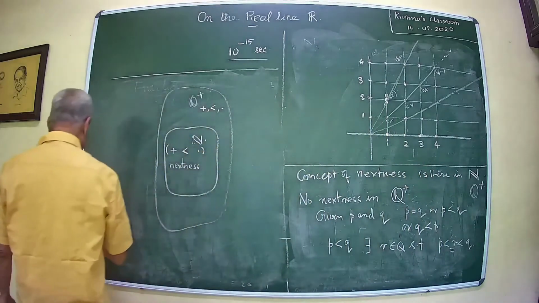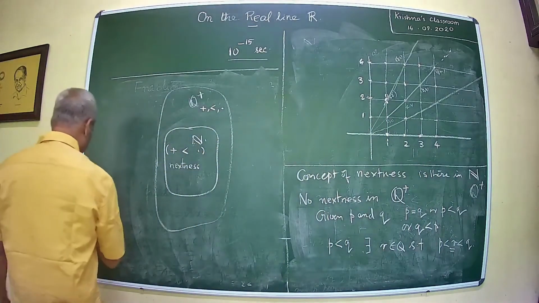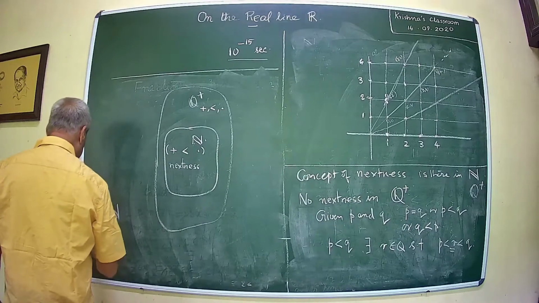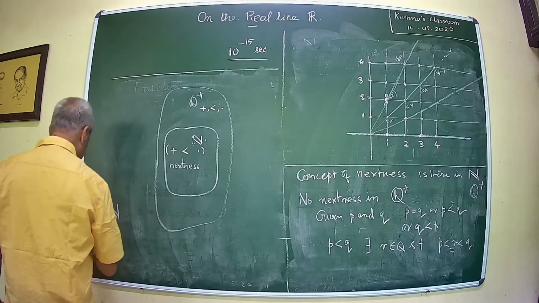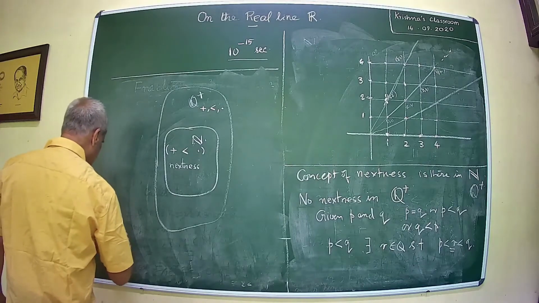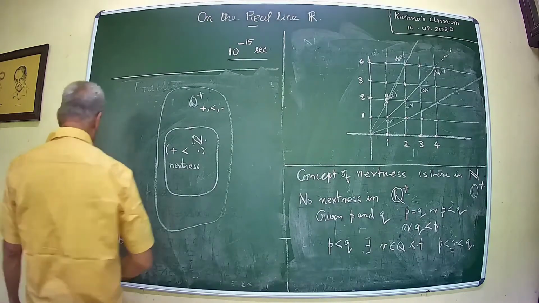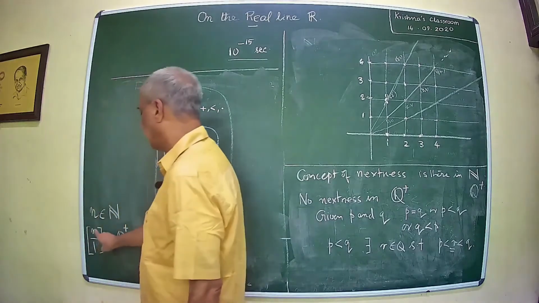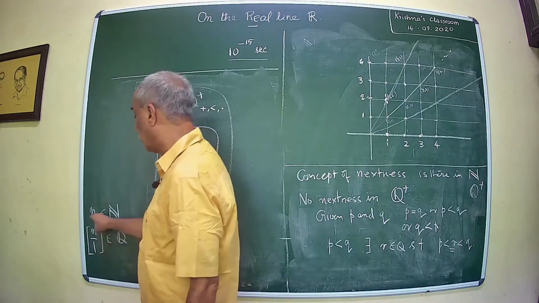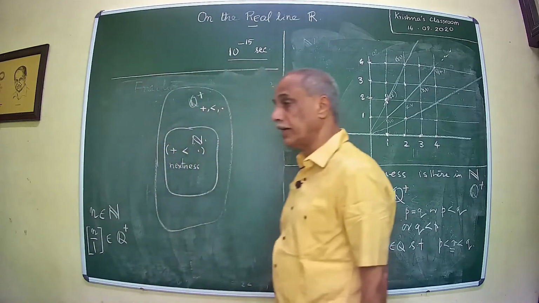If you take a natural number n belonging to N, then n by 1, this class, is in Q plus. And the block corresponding to n by 1 can be identified with n.